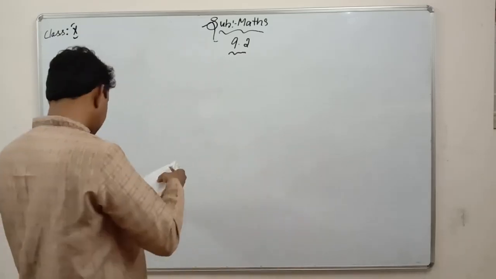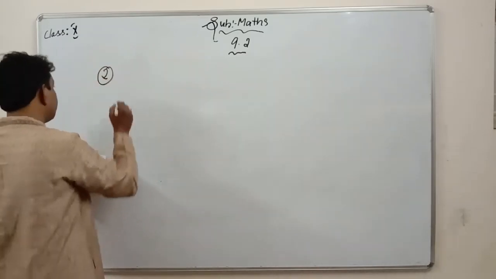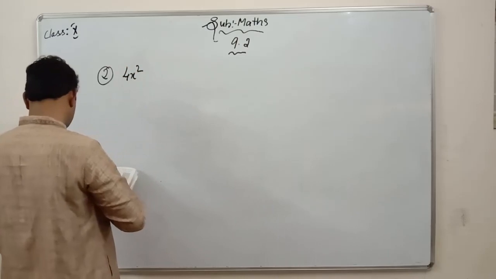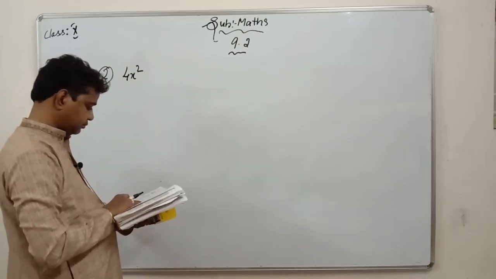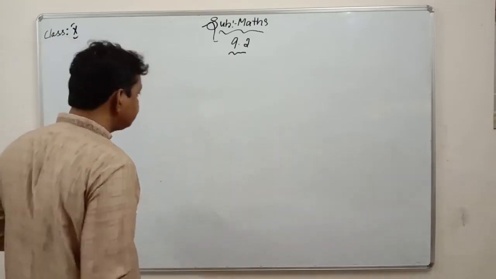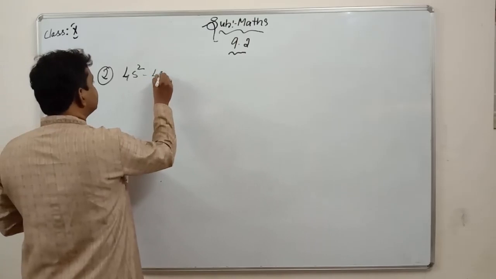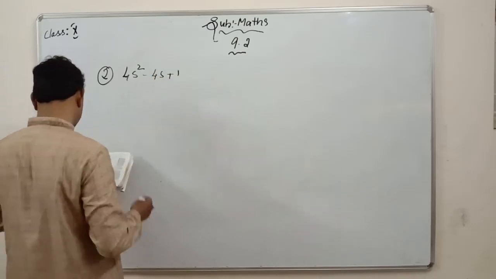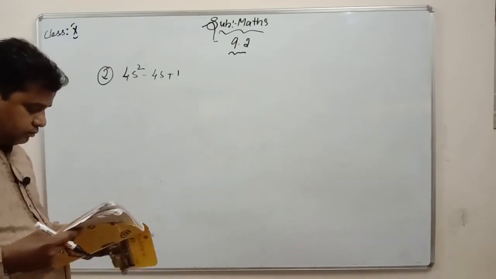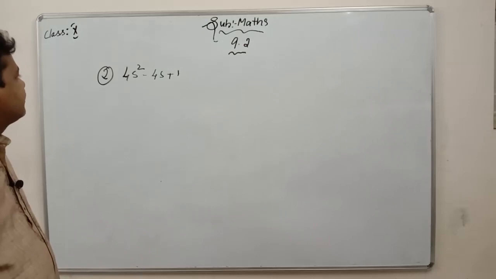And the second one is, he has given 4s square minus 4s plus 1.